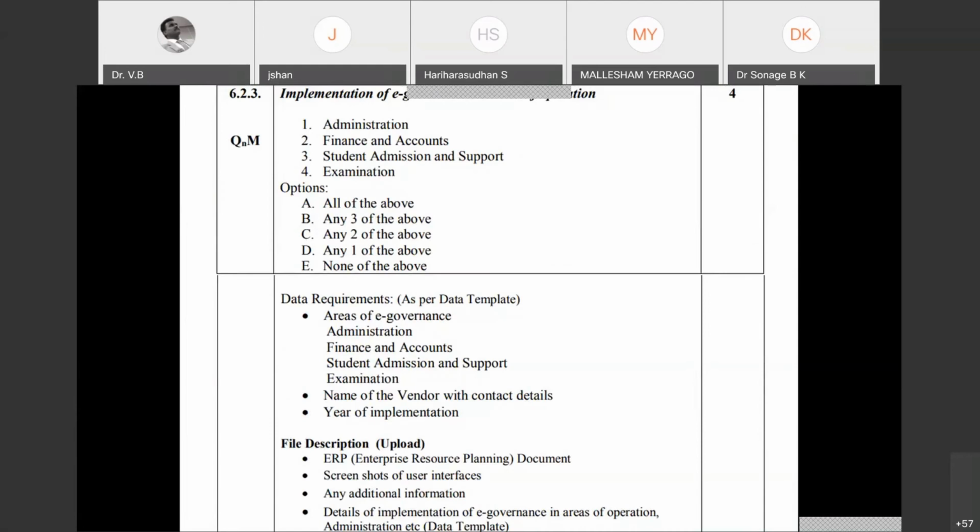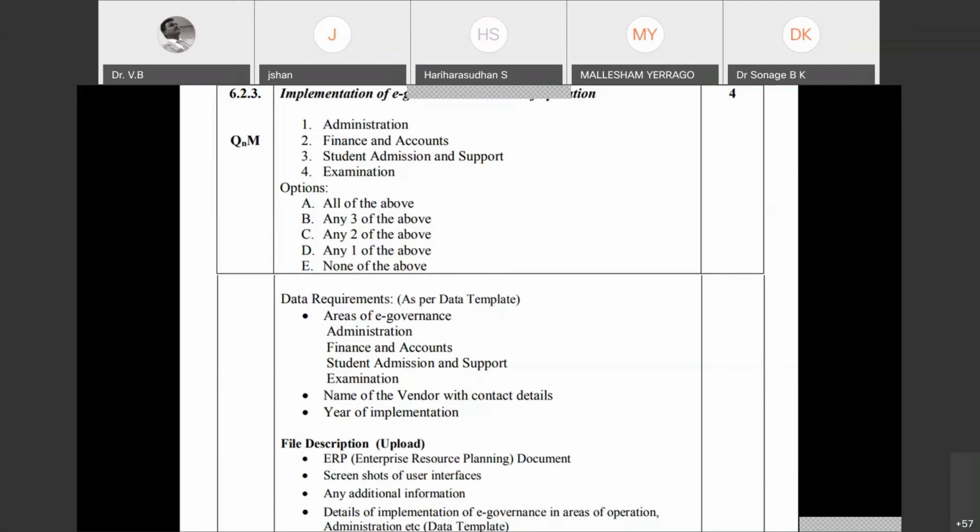If you say yes, we have all of the above, all the four, then you have to specifically show it, and in the data template, you will be giving the details of the software you are using for administration, for finance and accounts, and the same way for examination and student admission. And then you should also specify the name of the vendor from which it was purchased, and also the invoices showing the proof of purchase.